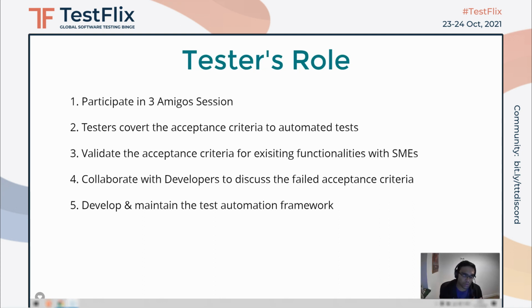The fourth main role is to collaborate with the developers to discuss the failed acceptance tests, or the acceptance criteria that ran as part of the automated tests. Testers should have the mindset to collaborate with the developers to understand what the failure is, why it is happening, where it is failing, and whether the problem is in the automated script or in the application, and then fix the issue along with the developers.